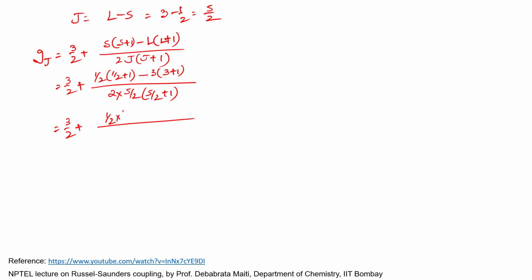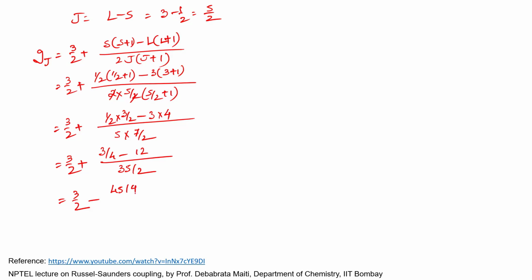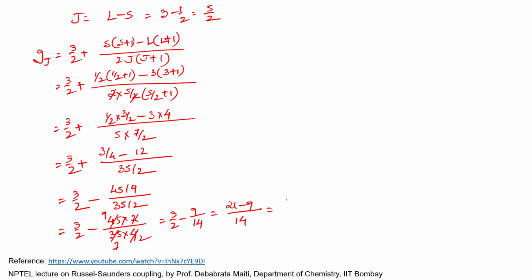Now by simplifying this, it can be rewritten, transformed and rearranged like this. So the value of Gj is 6 by 7.